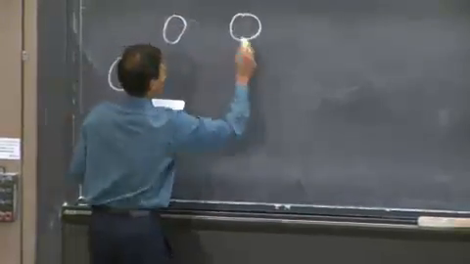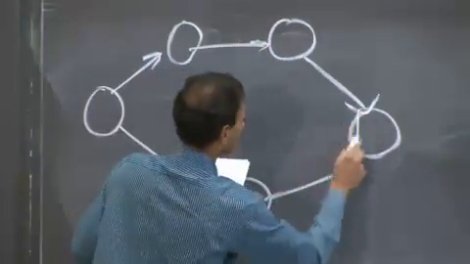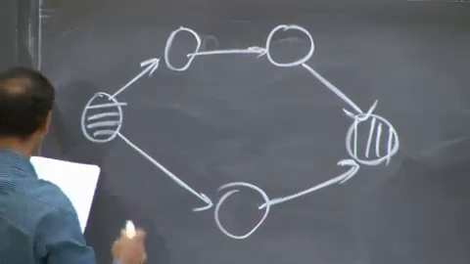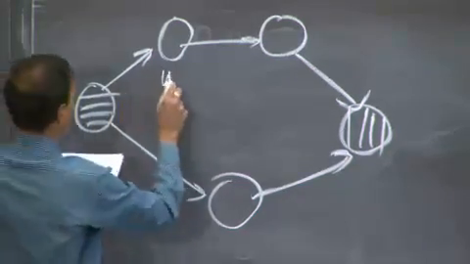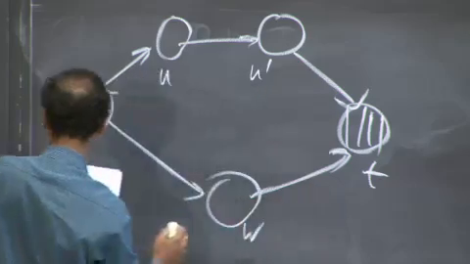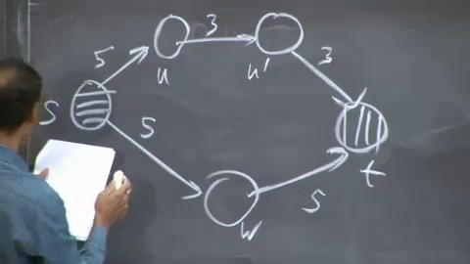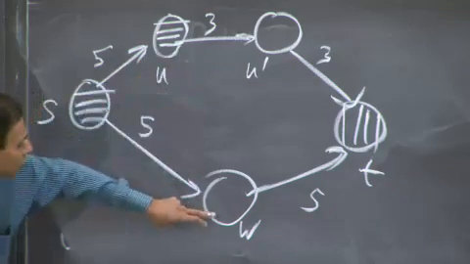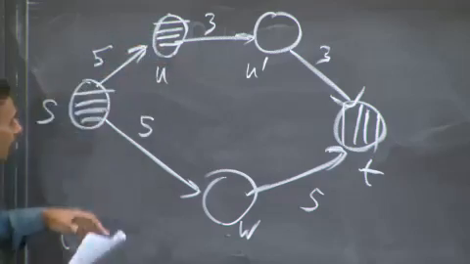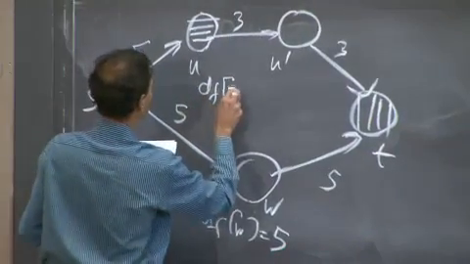Let's keep going. So now we do a forward search again. This is S, U, U prime, W, T. What I have now is I'm going to process this vertex in the forward search, because I have a choice in the forward search to either pick W or U. W clearly has lower priority, because dF of W equals 5 and dF of U equals 3.